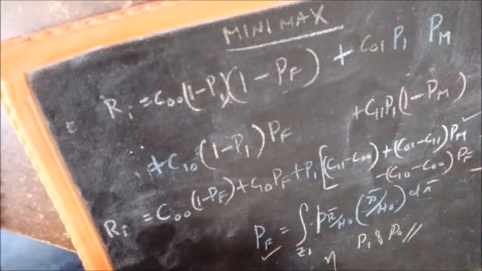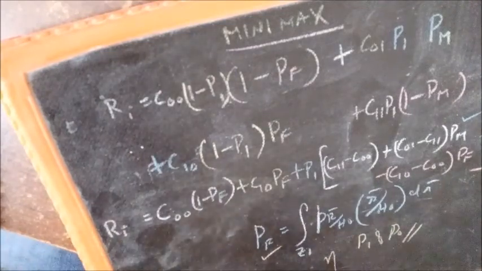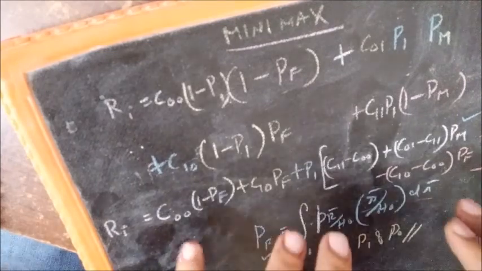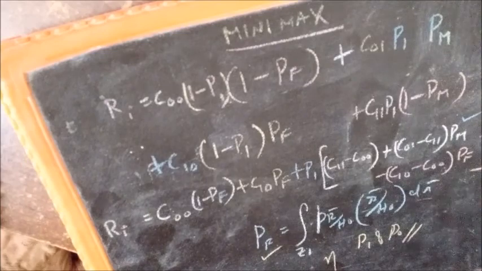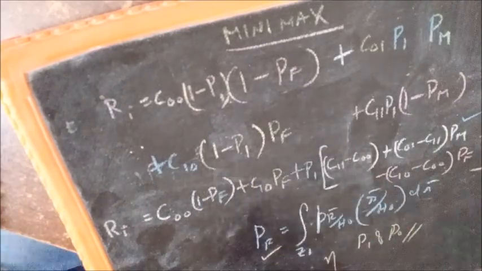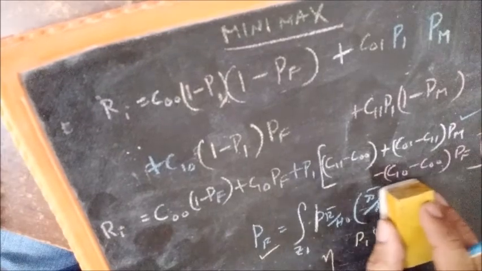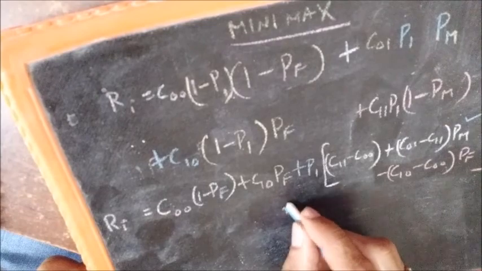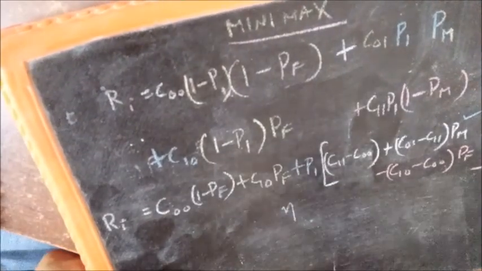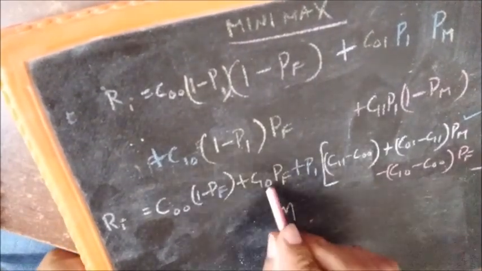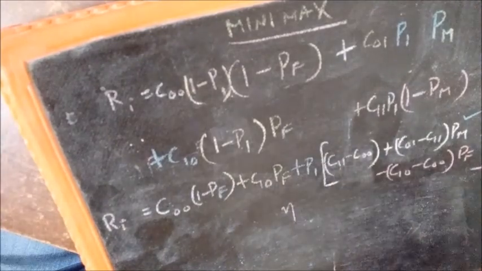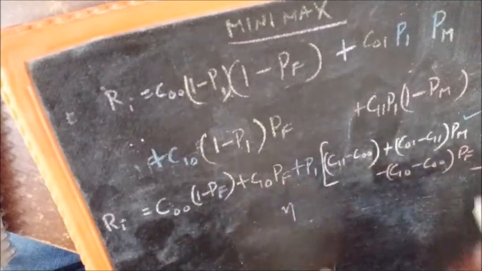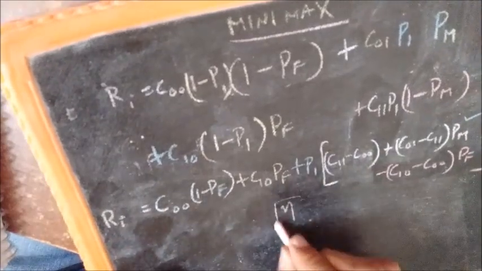So probability of miss and probability of false alarm are only functions of eta, or are only dependent on how you are dividing the observation space into the two decision regions. So with PF and PM decided purely on the eta that we have chosen, and the costs being pre-assigned, the costs are fixed. PF and PM are fixed once we fix eta.